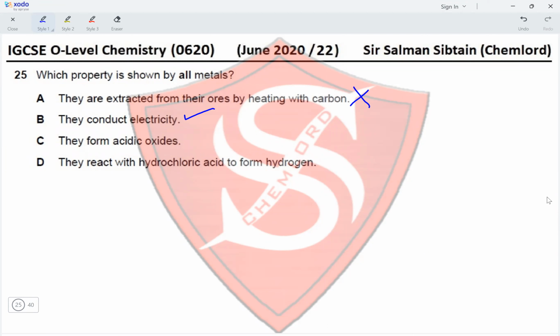No, zinc and aluminum form amphoteric oxides. And they react with hydrochloric acid to form hydrogen. Only those metals that are more reactive than hydrogen will react with hydrochloric acid. Metals that are less reactive, like copper, will not. This makes option B the correct option for this question.